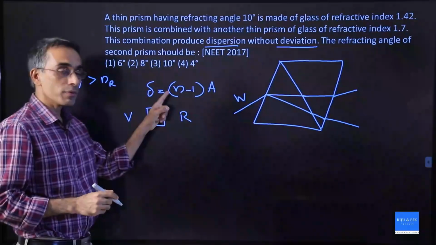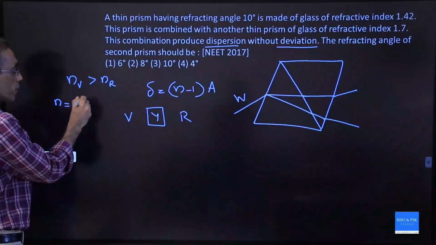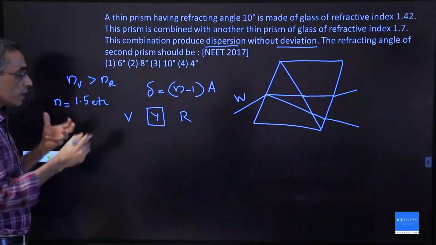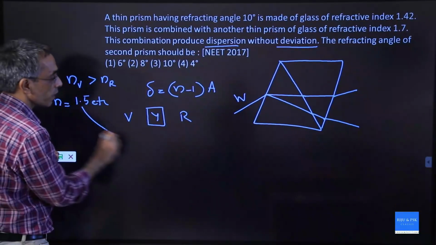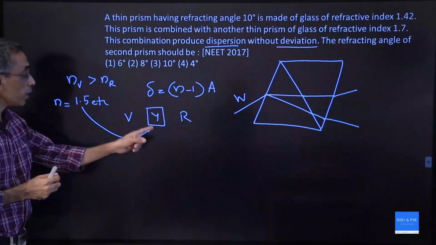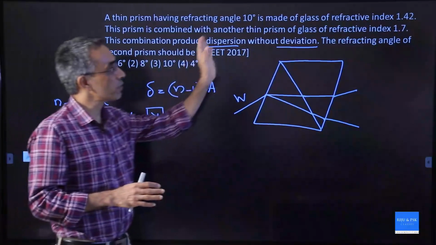So, different colors will have different refractive index. So, whenever we say refractive index of glass is 1.5 etc., what are we aiming at? We are actually meaning that this is the refractive index of the mean color or the yellow color. So, this is the idea behind the dispersion without a deviation.